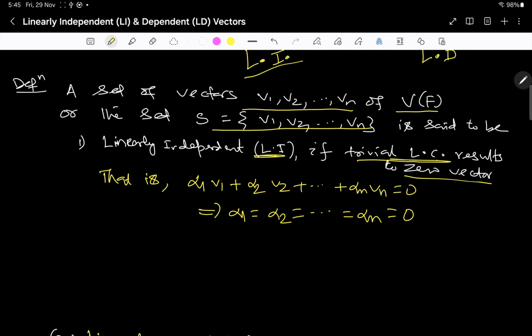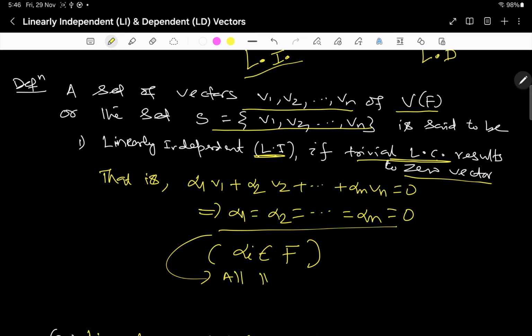That means all the scalars are zeros. Then we say this is a linearly independent set of vectors.